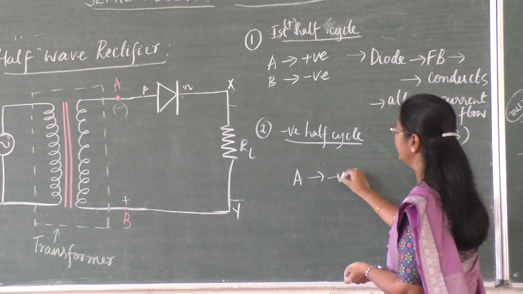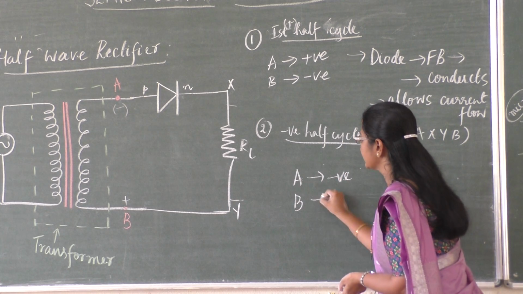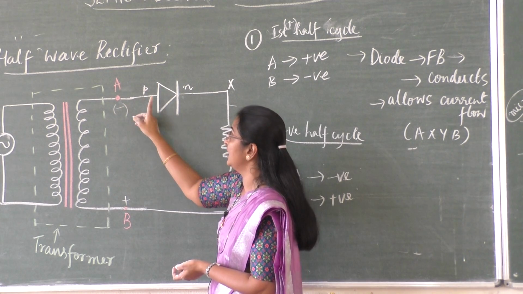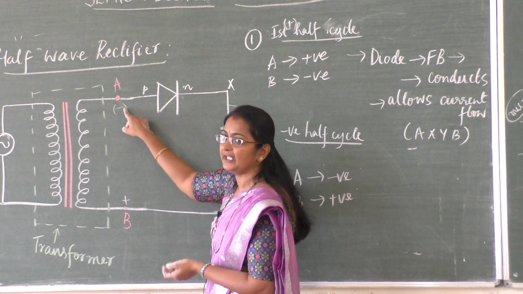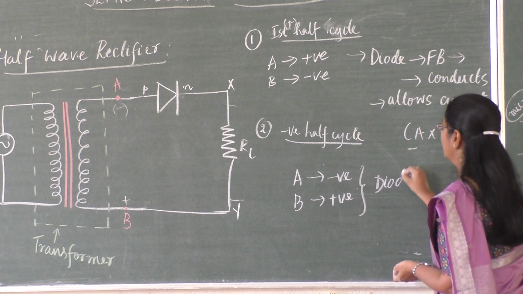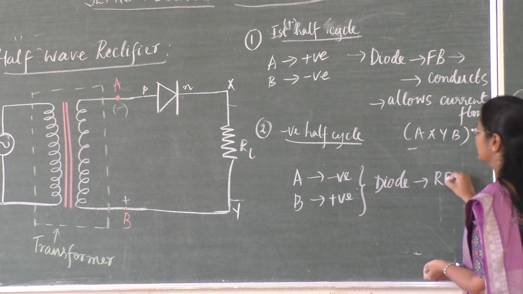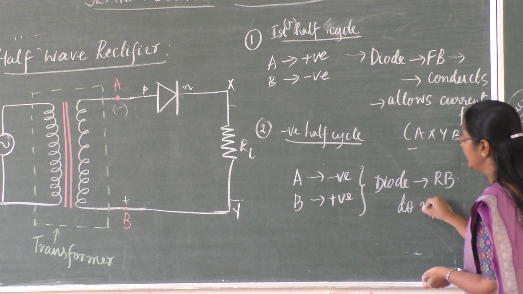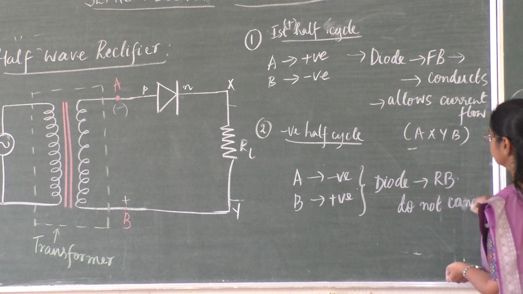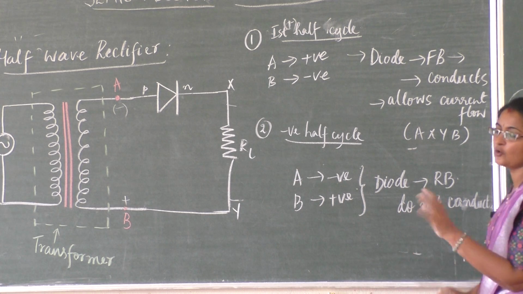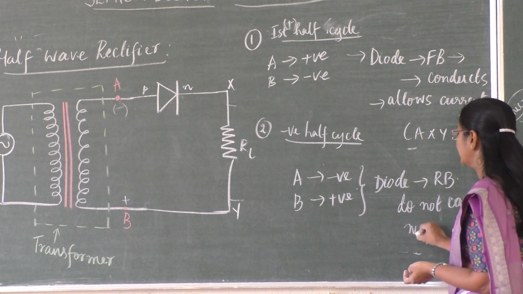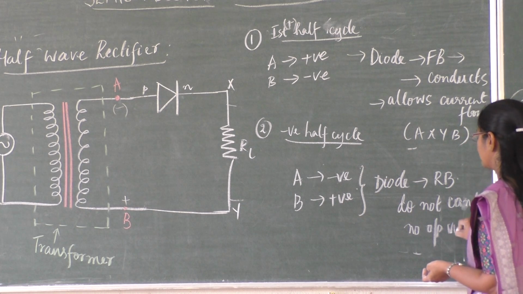Once A is at negative potential, P is said to be connected to negative, so the diode is under reverse bias. If it is under reverse bias, it does not conduct. If it does not conduct, no current flows through it. If no current flows through it, we won't get output voltage.